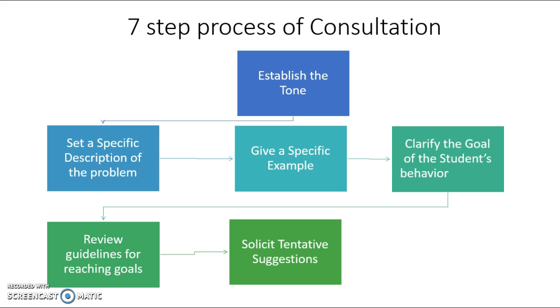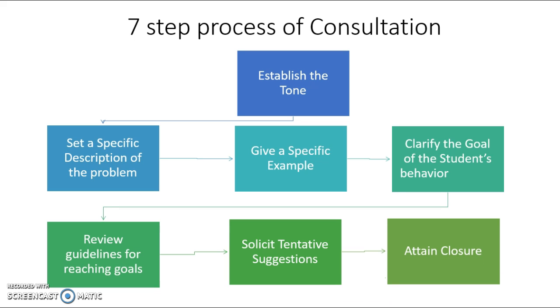Step 6 is to solicit tentative suggestions. Again, here is working on one problem at a time. So we want to isolate that, break them into realistic, achievable steps, and to be concrete. How will we know what goal and what suggestions we want the consultee to work on with the client?